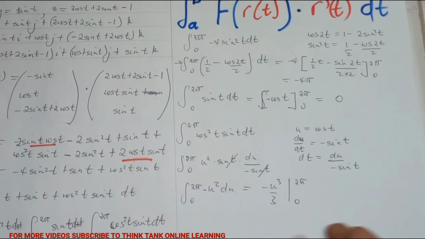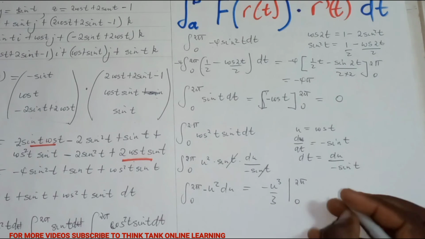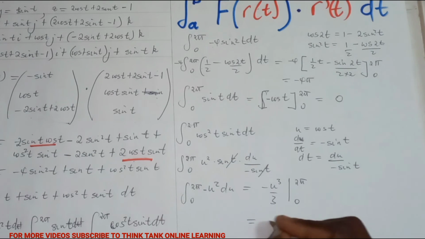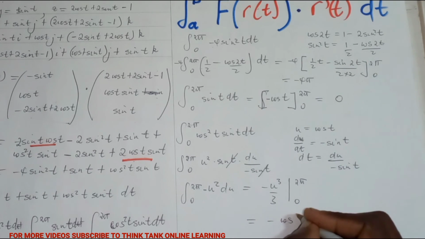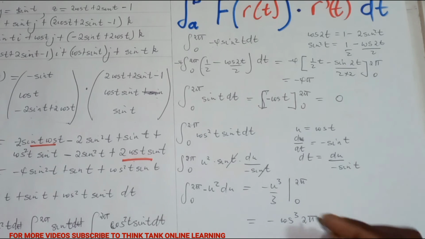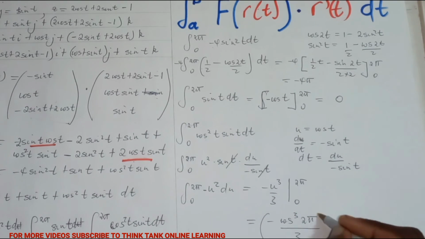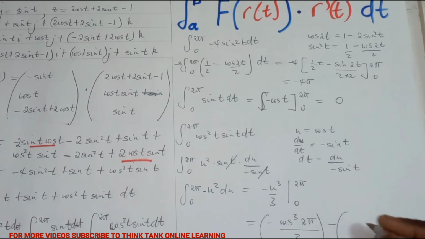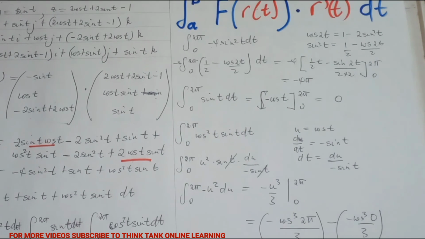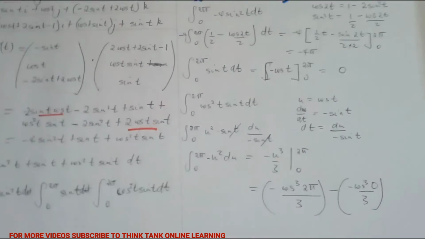We know that u equals cos t, so this is negative cos cubed 2 pi over 3, upper bound minus lower bound, negative cos cubed 0 over 3. Cos 2 pi and cos 0 are equal, so this is 0.